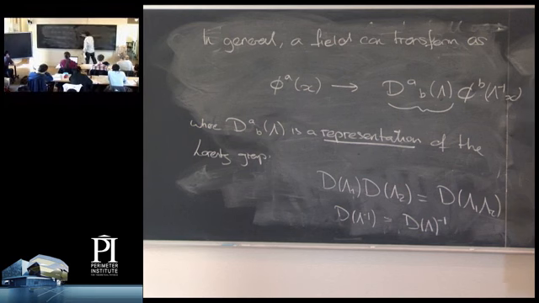Couldn't we have a projective representation? I don't think so, but, sorry, say again? Are there projective representations of the Lorentz group? They may all be trivial. Okay. Yeah, I don't think there are any, but certainly, they don't arise in physics that I come across.